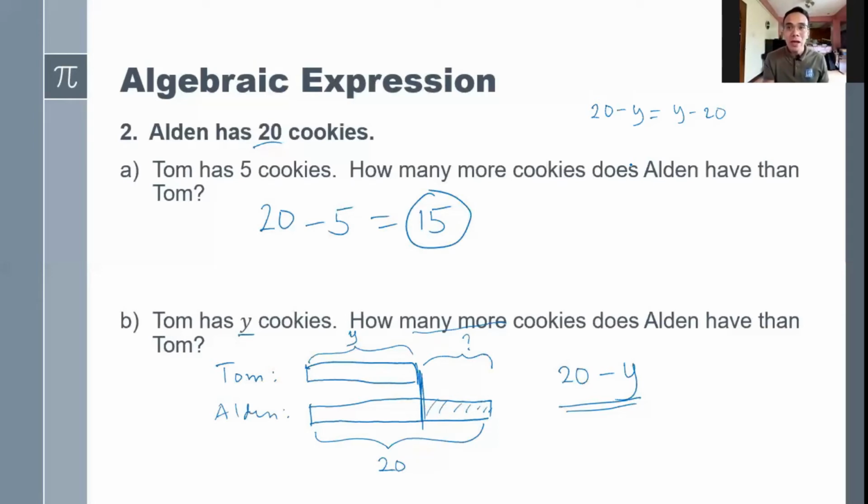One property of subtraction is that terms can never be interchanged. 8 minus 5 is not the same as 5 minus 8, right? You will never interchange the numbers in subtraction, unlike in addition and multiplication. So 20 minus y is not the same as y minus 20. Don't ever interchange the terms. So this is our final answer, 20 minus y.